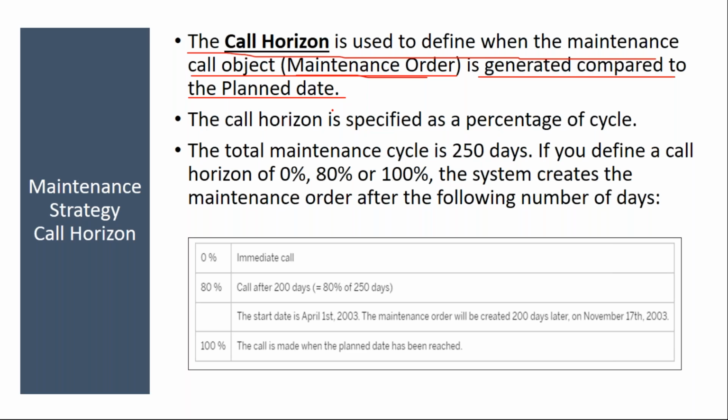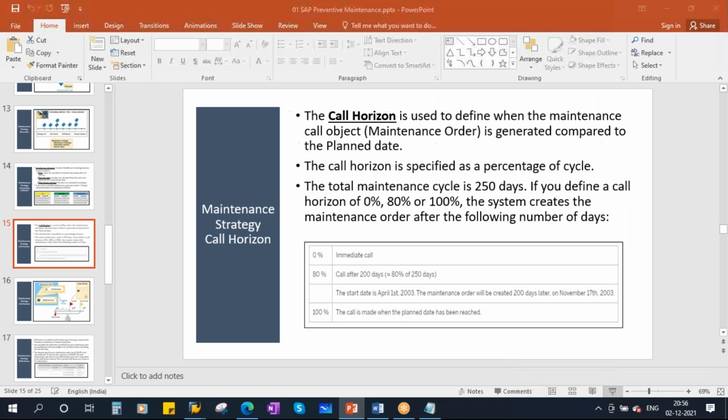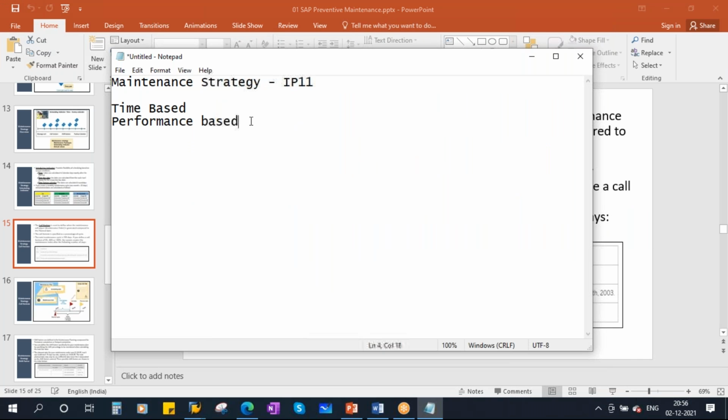Suppose you want to do preventive maintenance. Let's say today is December 12th, and there is a preventive maintenance due on 10th 12 2021. On this day, preventive maintenance has to be done. But if the order is generated on the same date, the planner has no time to plan his activity. He says generate the order 2-3 days in advance, like 07 012 2020.